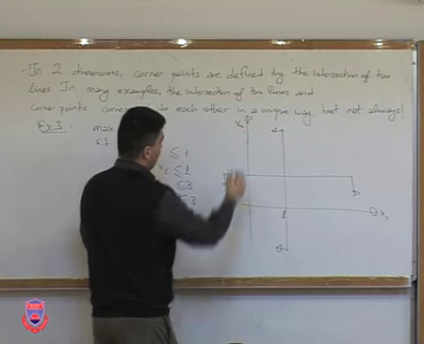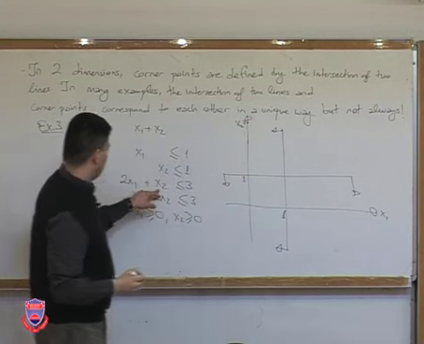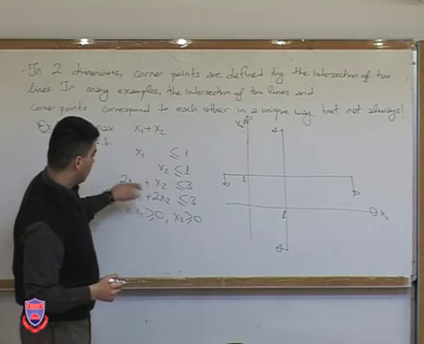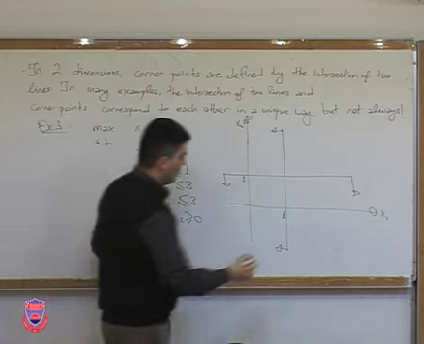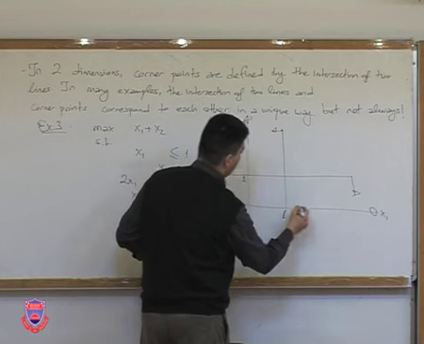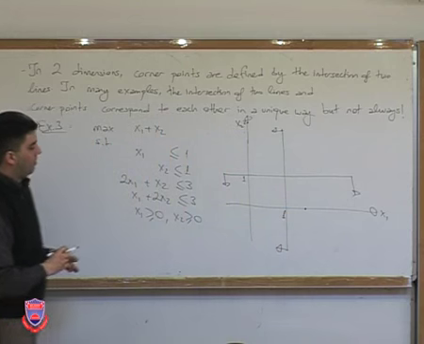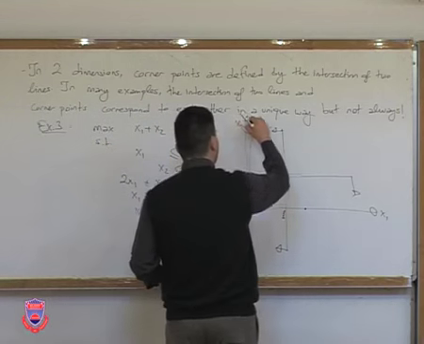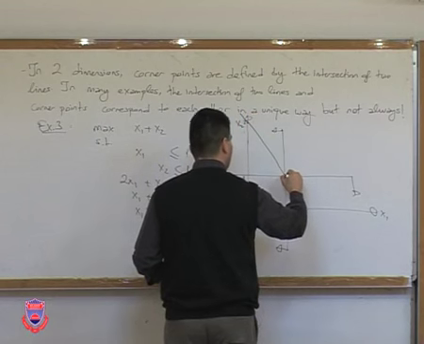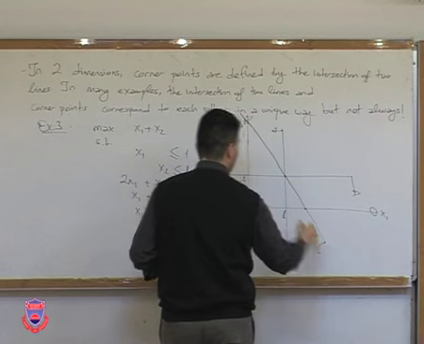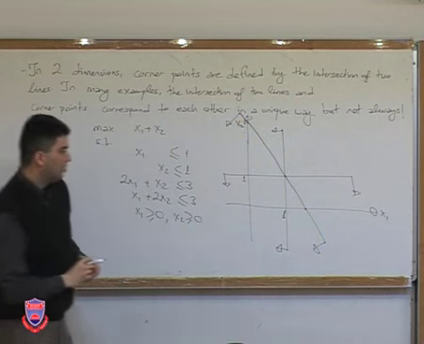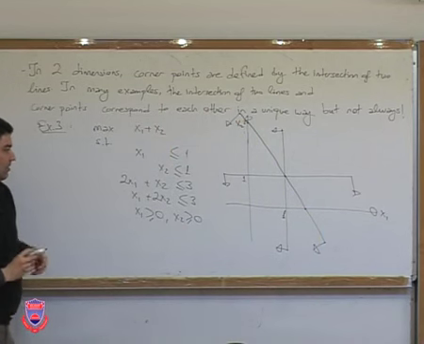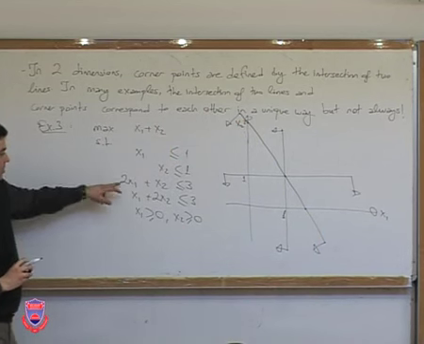And if x2 is equal to 0, x1 is equal to 3 over 2, which is somewhere over here. If I draw this line, and you try the origin, it is satisfied by this line. So that's the constraint corresponding to this one.